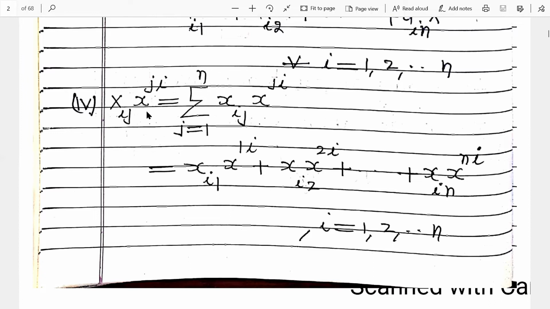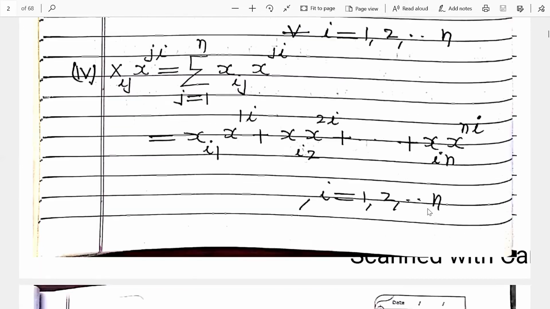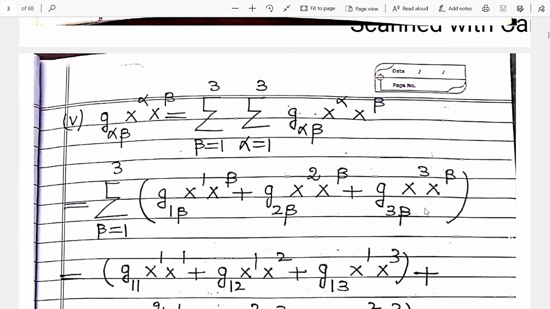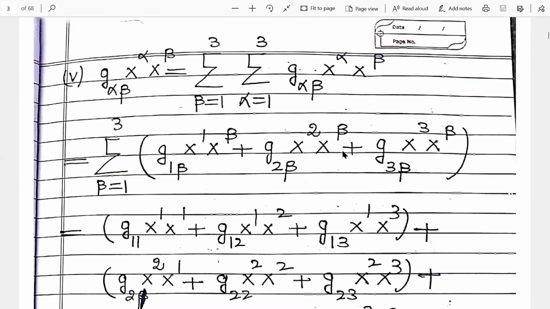First we take the summation with respect to j for fixed i, then we take the summation with respect to i. So this can be written in this form, and this is for i equal to 1, 2, and so on up to n. So these are the basic conventions of tensor analysis.